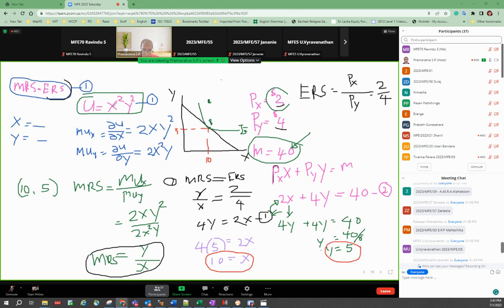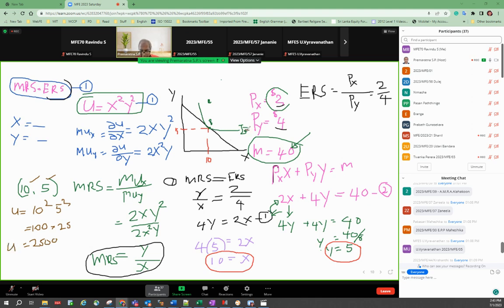from X you buy those values. Utility equals X to the power 10, Y to the power 5, which means 100 multiplied by 25, which means 25,000 amount of satisfaction or utility.